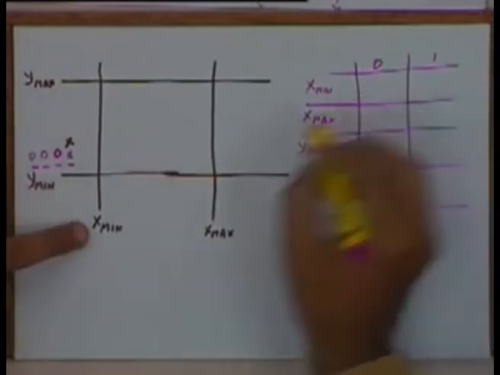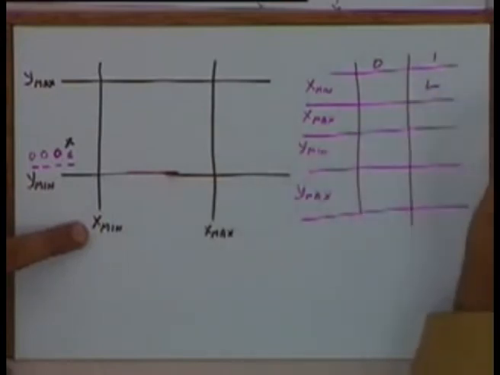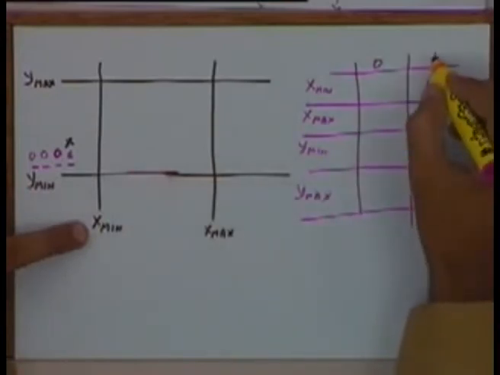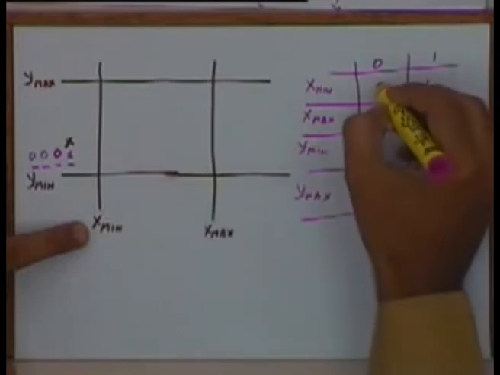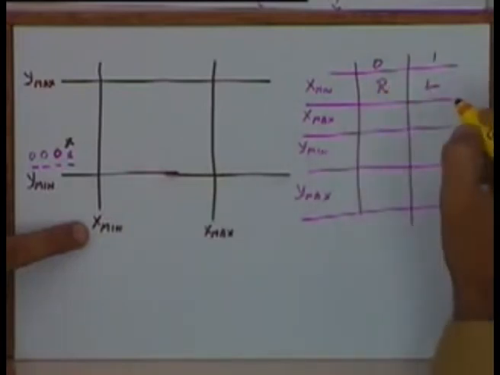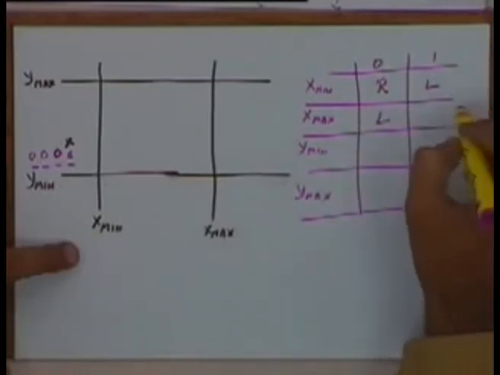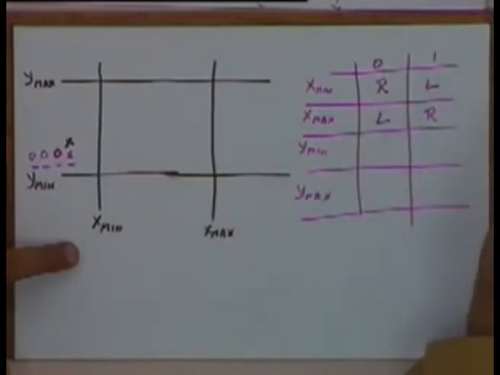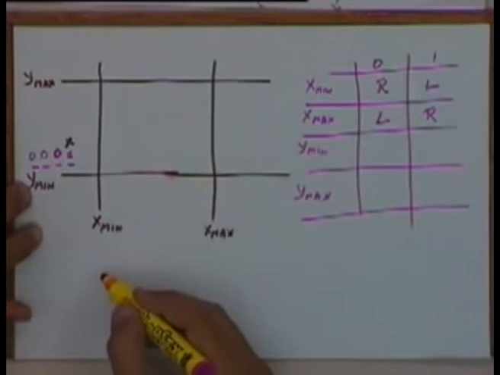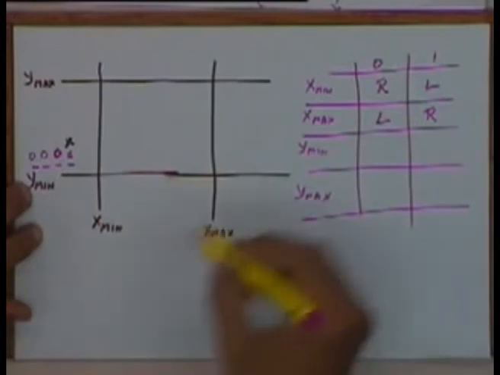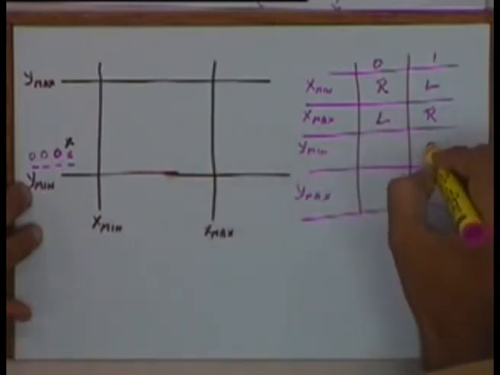If we are to the left of x-min, we will give it a code of 1. If we are to the right of x-min, we will give it a code of 0. If we are to the left of x-max, we will give it a code of 0. If we are to the right, we will give it a code of 1. If I take y-min, if I am below y-min, then I will give it a code of 1.